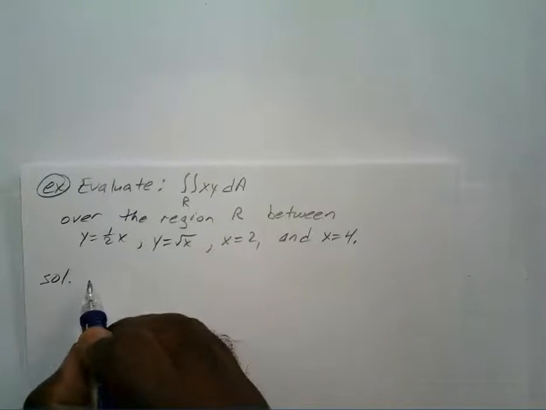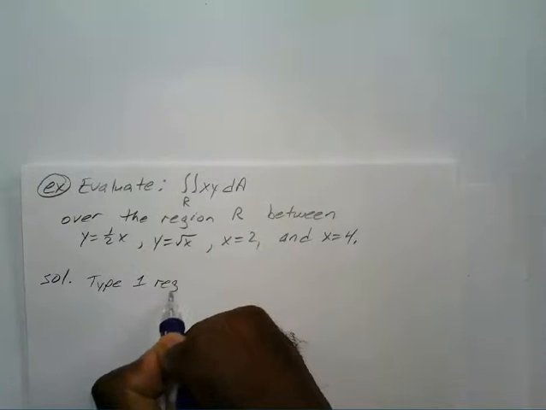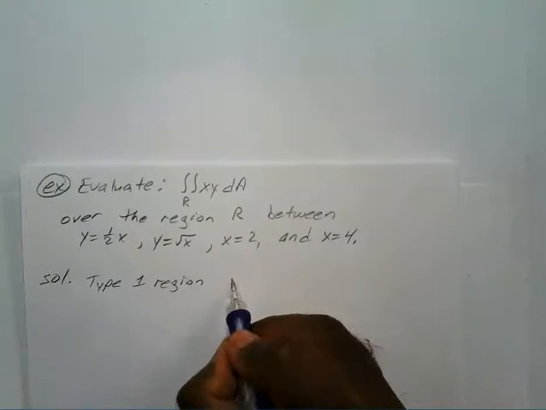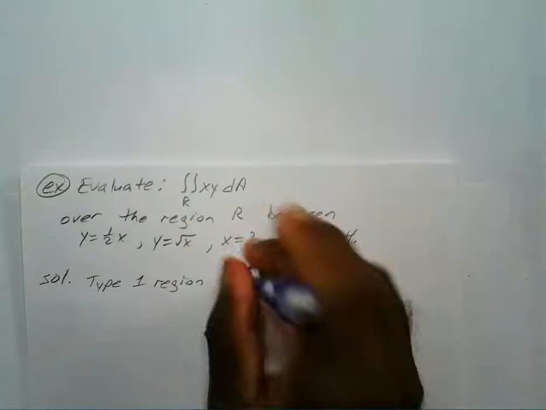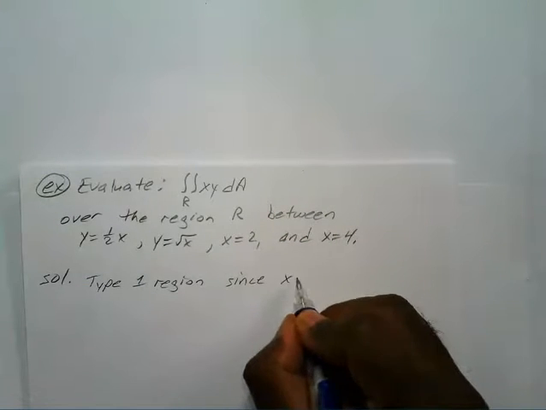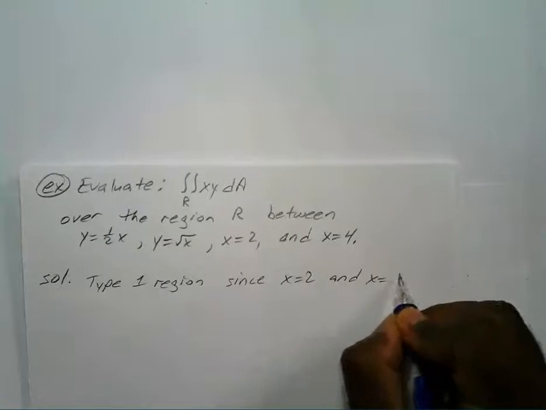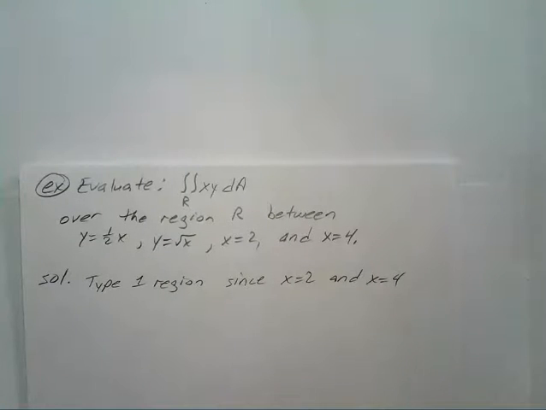Okay, so this time we're looking at our type 1 region, since we have x is equal to 2 and x is equal to 4 as our vertical boundary lines.